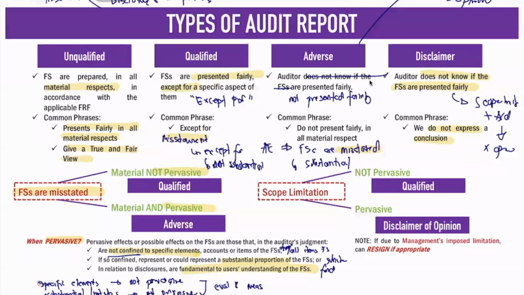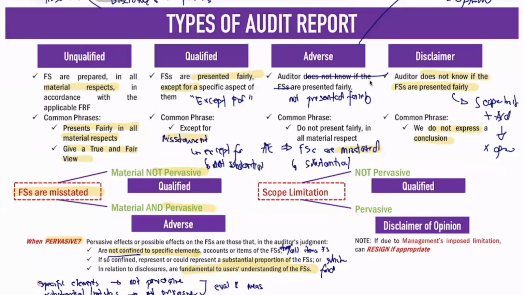Why again? Because if there's a misstatement, what differentiates qualified from adverse is the pervasiveness. So there's already an error or a misstatement, and what you need to determine is the pervasiveness. If not pervasive, then qualified. You just place there except for a certain item. Kasi nga, sabi natin, pag not pervasive, it is purely specific, it is not substantial.